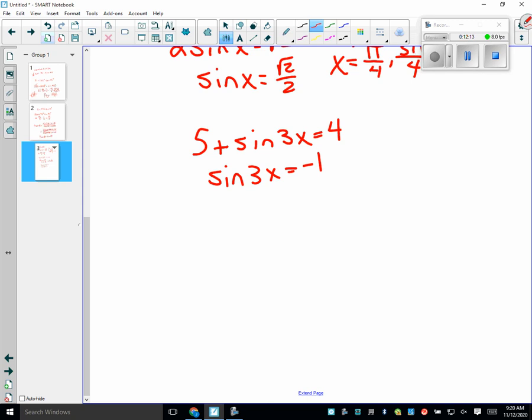When is sine negative 1? 3 pi over 2. Now, since it's 3x, do I have to do 3 rotations? Yeah. So I have 3x equals 3 pi over 2. 3x equals what?